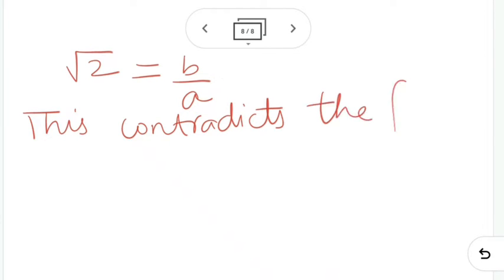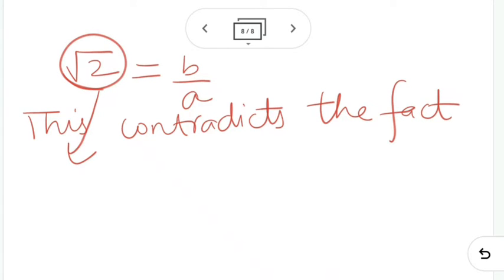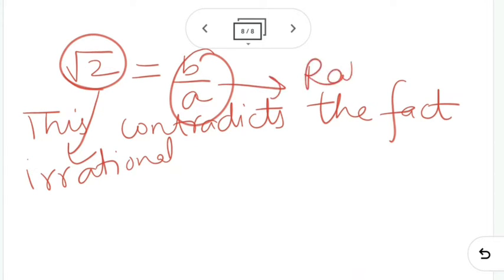What is the fact? We know the fact is root 2 is irrational, but b upon a is rational. So both can't be equal. So this contradicts the fact. So our assumption is wrong.